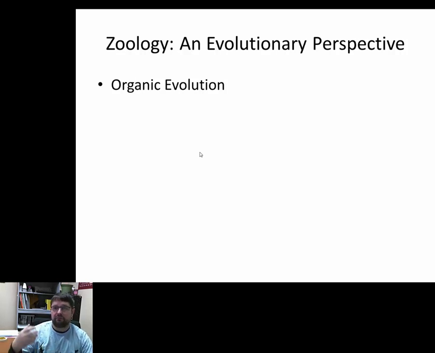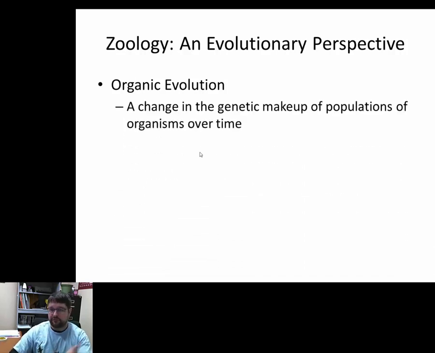So now most biologists, most ecologists have had to stick organic in front of evolution so we can give the proper definition for evolution to students. Okay? And that's change in genetic makeup of a population over time.